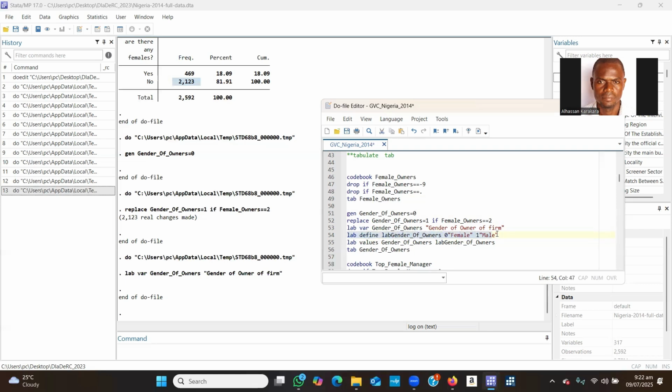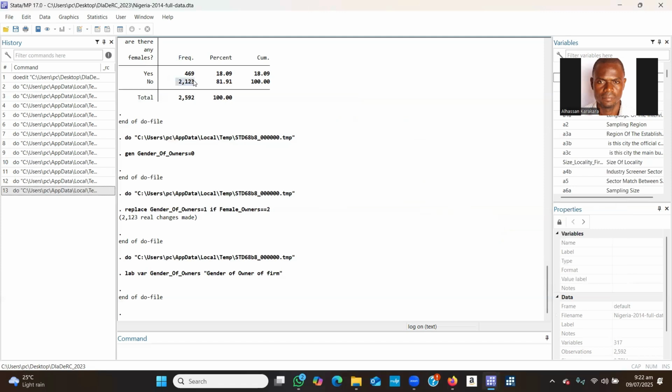So if you type lab define, lab, the variable name, you are representing 0 as female, as you created the 0 as female. Then the 1 is male, because we said that in the variable we are creating, the gender is 1 if the previous one is equal 2. And in the previous one, equal 2, which is here, was no. And we said that the no is male.